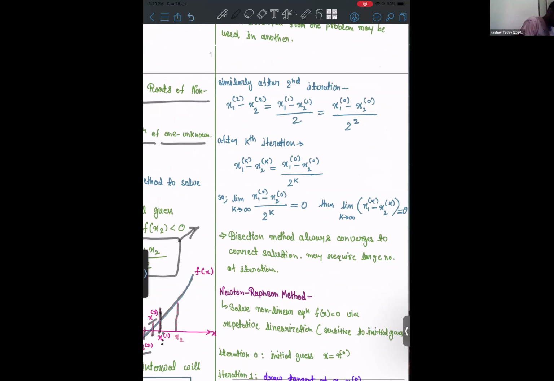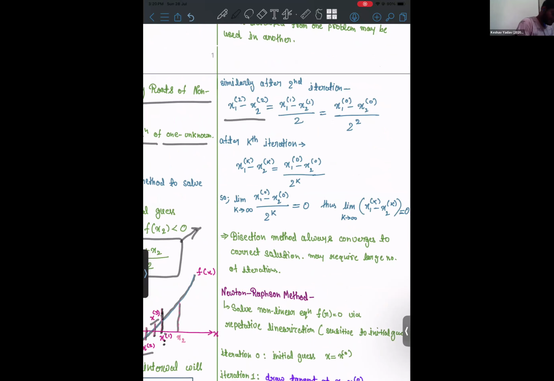Similarly, for the second iteration, what will the value be? x1 at second iteration minus x2 at second iteration will be equal to x1 at first iteration minus x2 at first iteration divided by 2. This can be replaced by the previous formula. So this can be written as x1 at 0th iteration minus x2 at 0th iteration divided by 2 to the power 2.